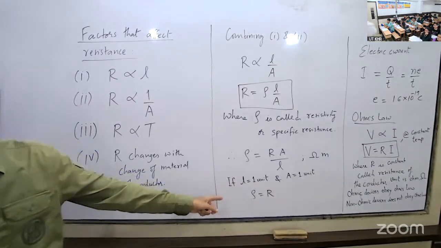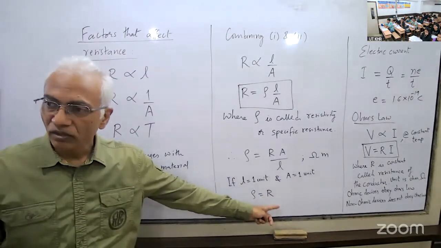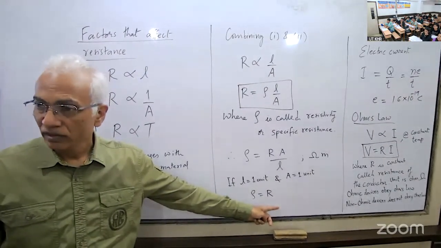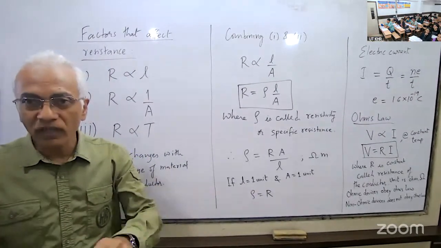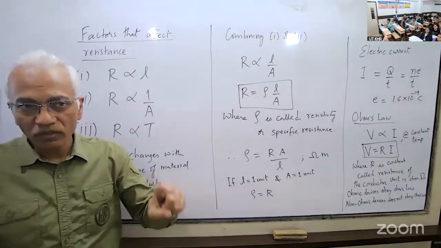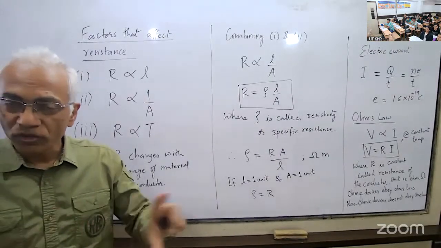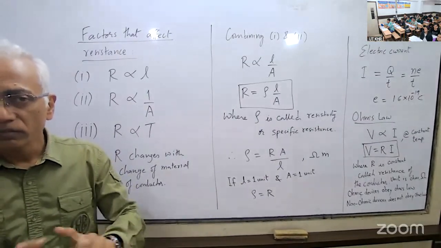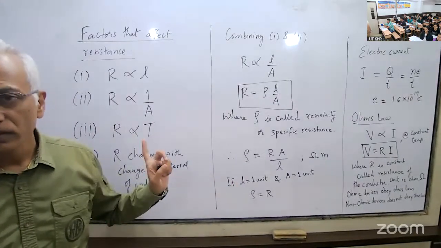Resistivity is nothing but the resistance of a conductor of unit length and unit area of cross section. So resistivity is also resistance, but for a specific conductor whose length is 1 meter and whose area of cross section is 1 meter square. Now we have frozen the dimensions. We have removed the dependency of length and area from resistivity.